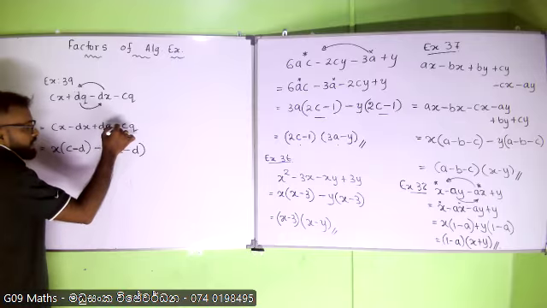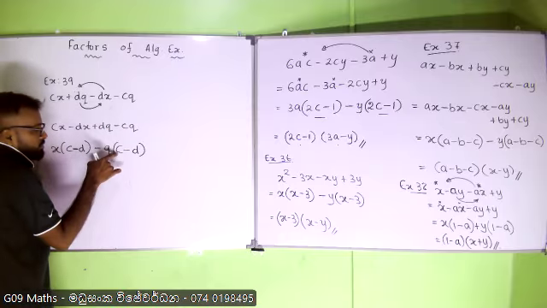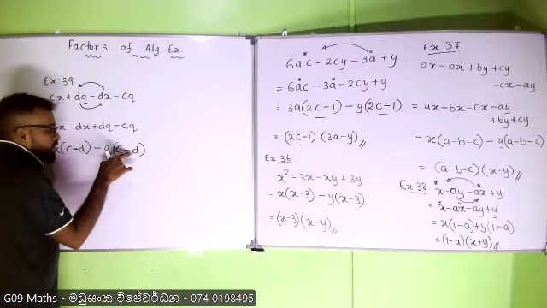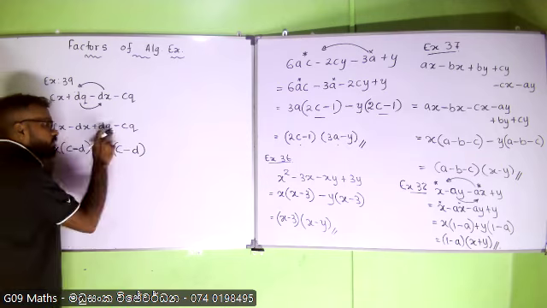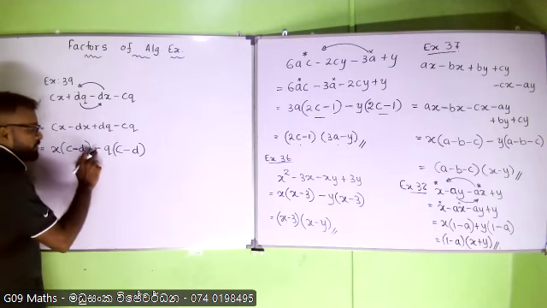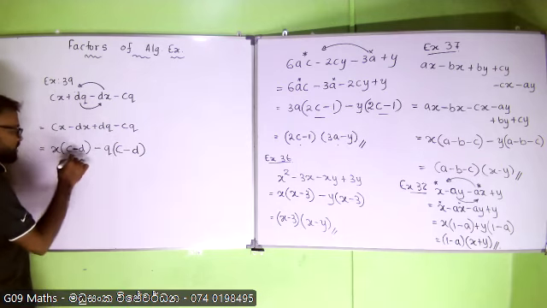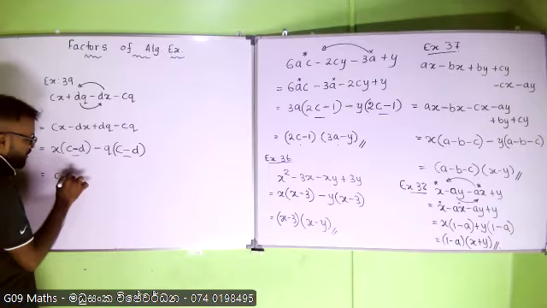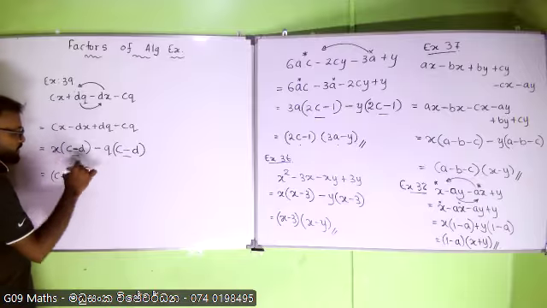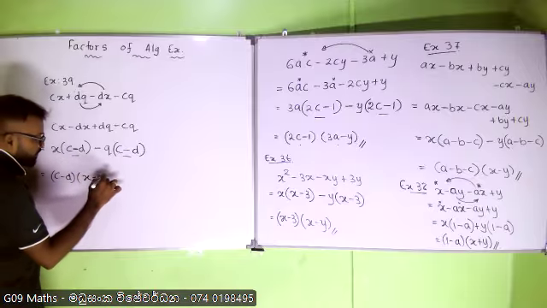Because negative C becomes positive C, positive D becomes negative D, so the sign changes happen. Take the negative sign out and also take the common term out, that is Q. So now C minus D, C minus D is common. Then write the rest, x minus Q.